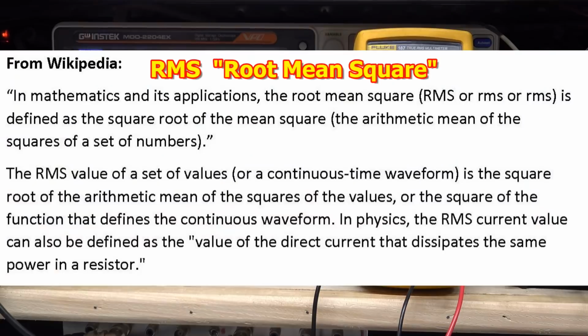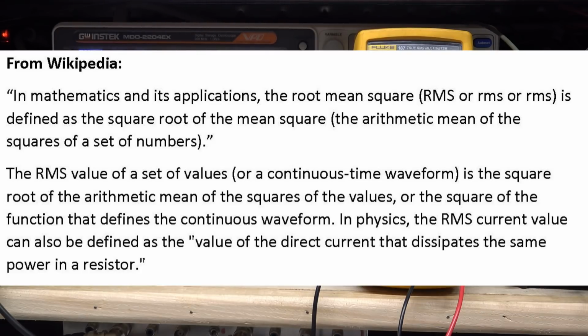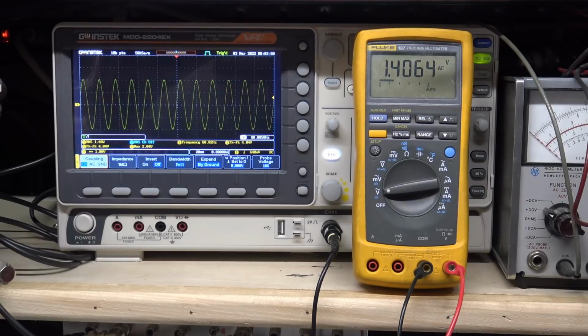RMS is defined as the root mean squared. And what is root mean squared, you might ask? And I'm going to try to put some things up on the screen here while I'm talking, so you're not just staring at this test equipment. Root mean squared is just what it implies. You are taking the square root of the mean squared of a waveform.